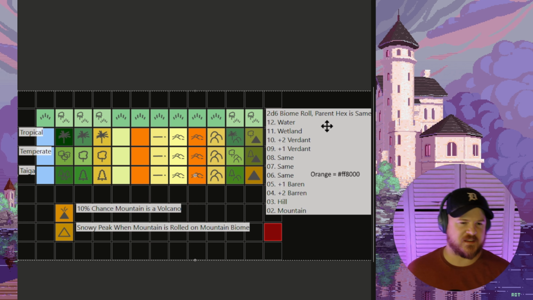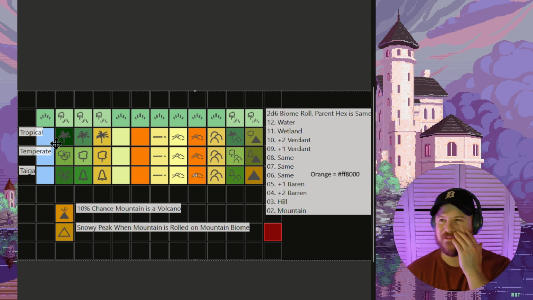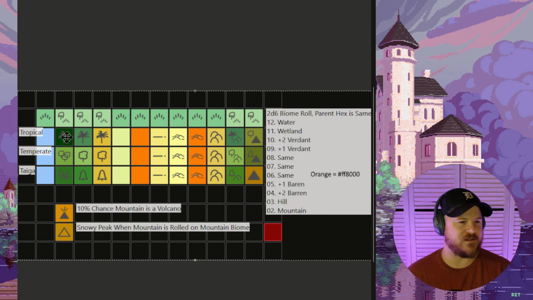And then anything that's +2 verdant, we move. If we're doing the flat sides, not the hills, then it's moving 2 to the left. Again, this is not a super great reference for anybody who doesn't know what I'm talking about, but it would go from, say, this light forest to medium forest to heavy forest, and then it would go to swamp, and after swamp, it would go to water.